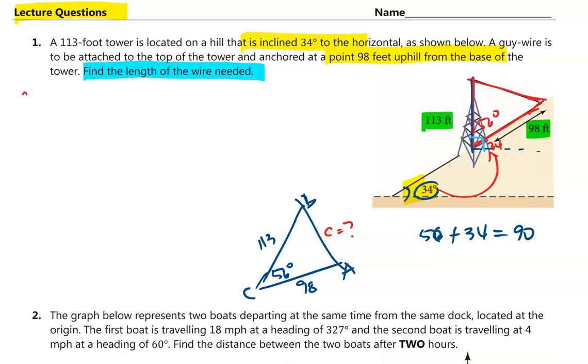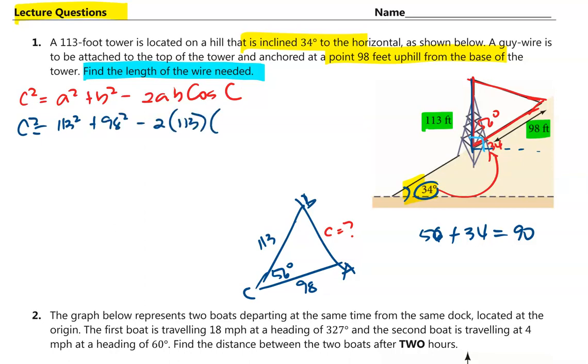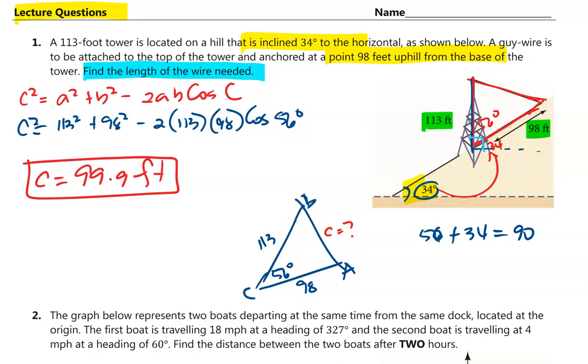So we can use law of cosines, that is c squared is equal to a squared plus b squared minus 2ab cosine of angle C. So c squared is equal to a, 113 squared plus b, 98 squared minus 2 times 113 times 98 cosine of 56 degrees. And I'll let you use a calculator and you will get 99.9 feet. Okay, use your calculator for that.